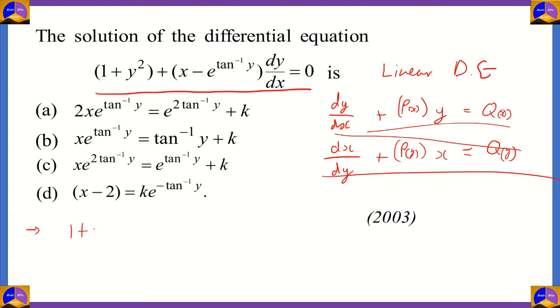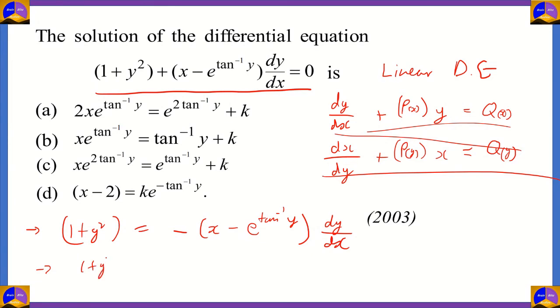So we can write 1 + y² as equal to −(x − e^(tan⁻¹y)) dy/dx. And you can take dy/dx to the left hand side, so you get (1 + y²) dx/dy, and that is equal to, on the right hand side, −x + e^(tan⁻¹y).